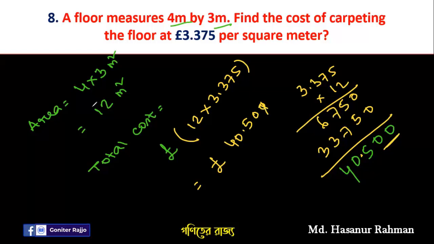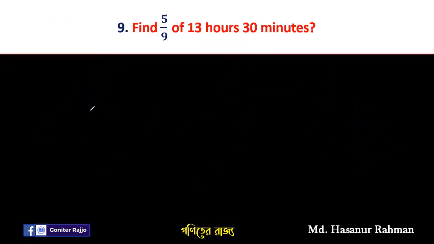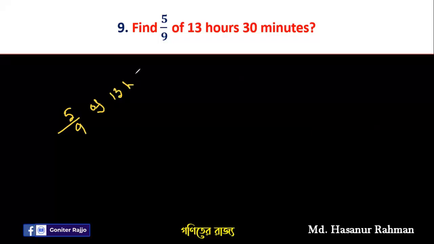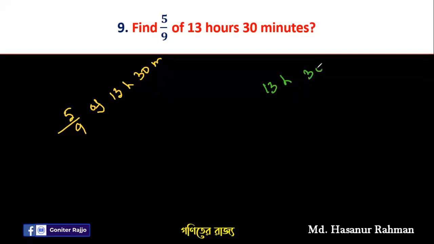Now, number 9. Number 9 says 5 by 9 of 13 hours, 30 minutes. So 5 by 9 of actually represents the product. 13 hours, 30 minutes. 13 hour means 13 multiplied by 60 plus 30 minutes. 13 multiplied by 60, that will be 0, 6 3s are 18, we have 1, 6 1s are 6 plus 1, 7, plus 30 minutes.